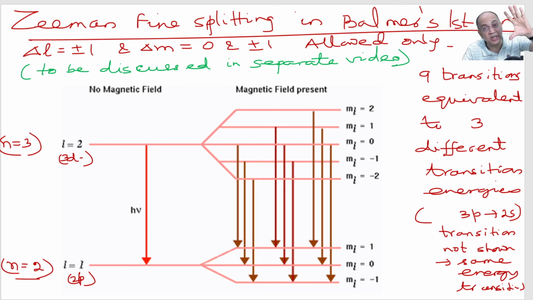But their transition energies will again be identical with one of these 3. So altogether there will be 3 different transitions. So the triplet, the 3 lines, this is the reality that we will be discussing. I am telling you in advance. The detailed discussion on Zeeman splitting or Stark splitting will be done later in a separate video.